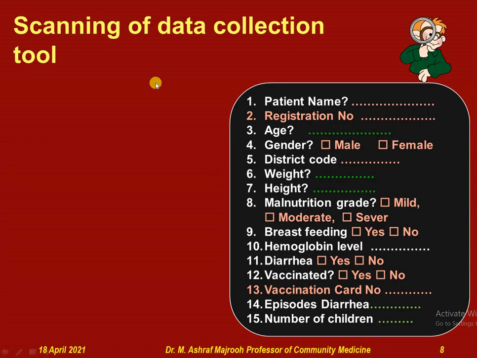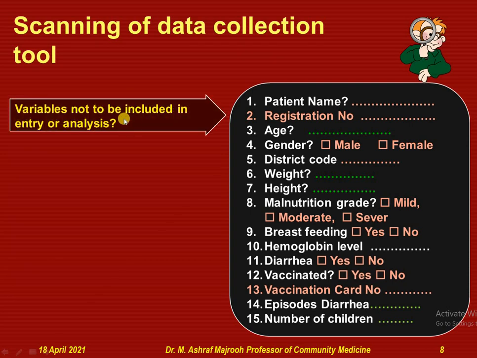Now, scanning of the data collection tool, how do we scan? The first query in scanning is which variables are not to be included in data entry or analysis. If we look at these variables, there are some which are not useful for the data analysis. For example, name is for identification.